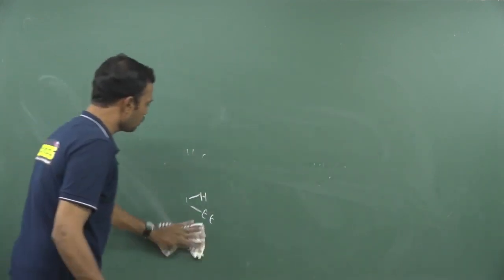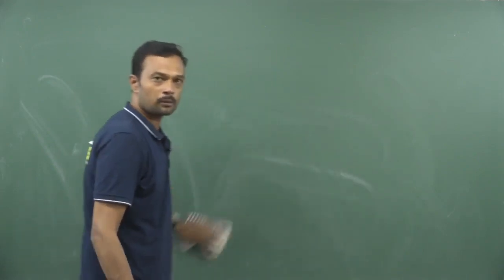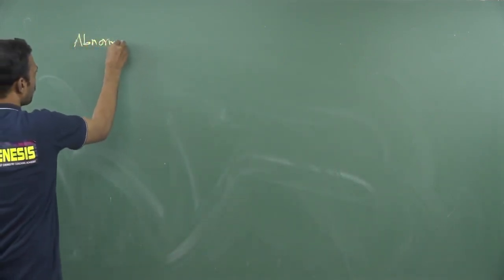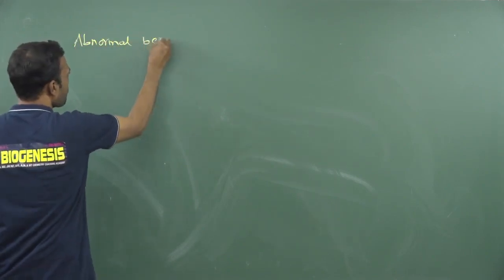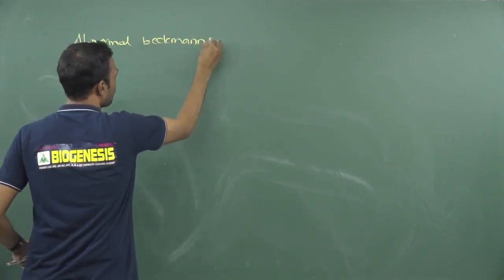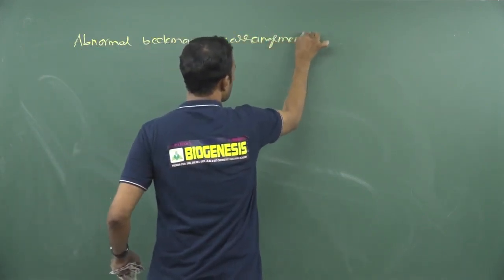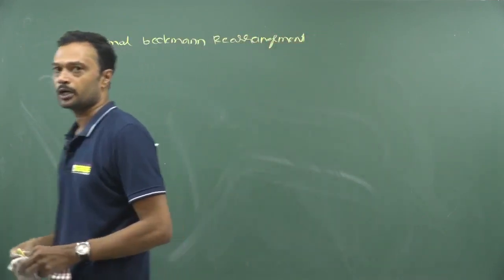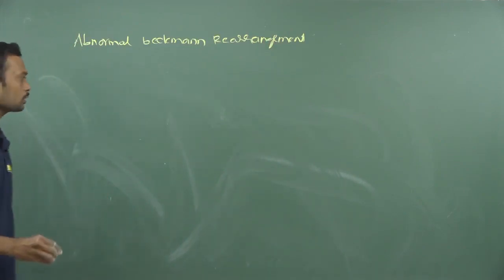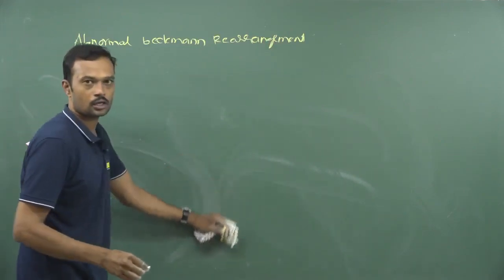Okay. Now the most important one is the second order Beckmann, also called abnormal Beckmann. This is called abnormal Beckmann rearrangement. It is also called second order Beckmann rearrangement, abnormal or second order Beckmann rearrangement. So what is this abnormal or second order Beckmann?